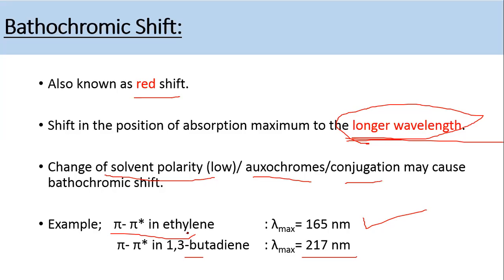In ethylene there was one isolated double bond, but in butadiene there are two double bonds, and those two double bonds are in conjugate relationship with each other. So in butadiene there is a presence of conjugation, and hence the value of lambda max is increased from 165 to 217 nanometers.